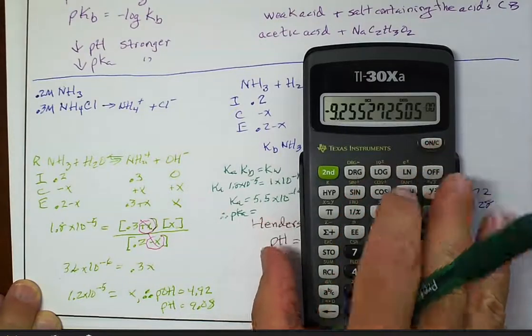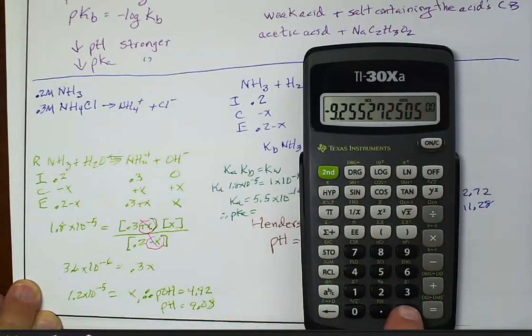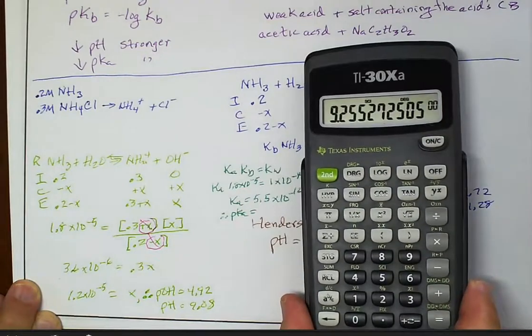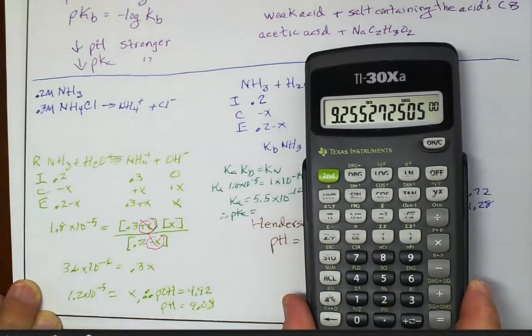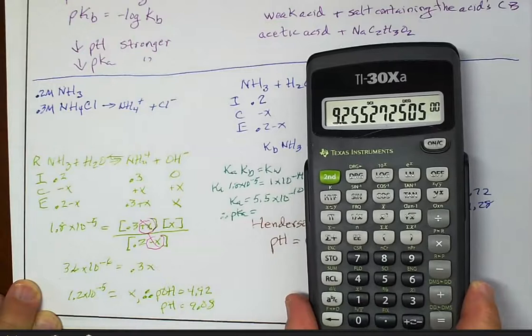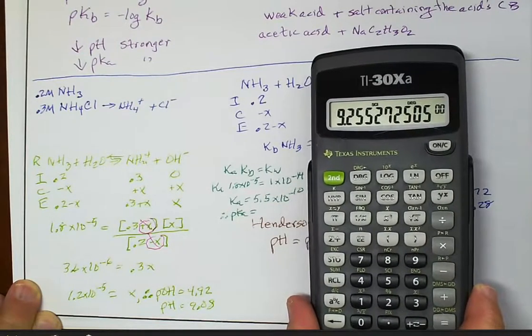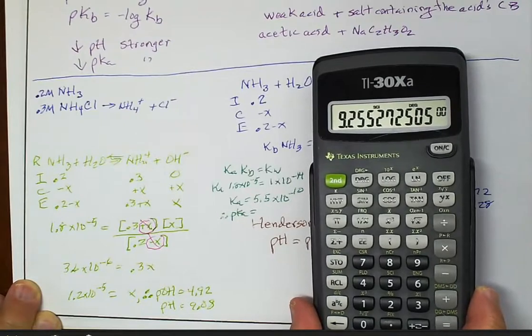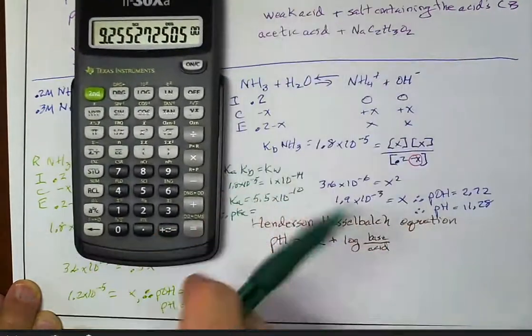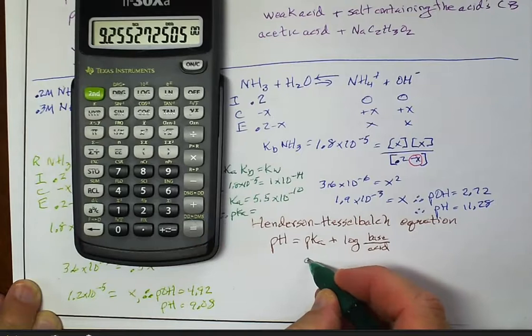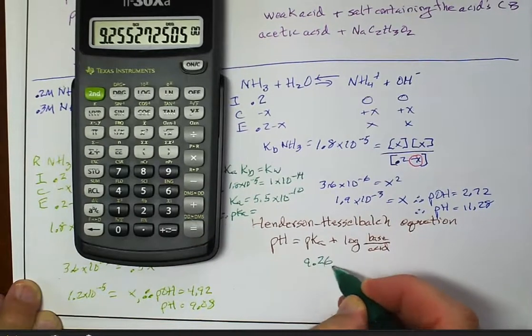We take the log of that and change the sign, and that gives us a pKa of 9.25. It's times 10 to the 0, and 10 to the 0 is 1. So in other words, it's just 9.255. I'm just going to leave it in the calculator actually, but for writing it down purposes, I'm going to say 9.26.